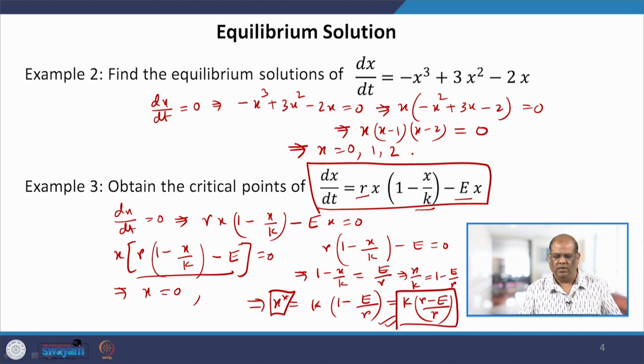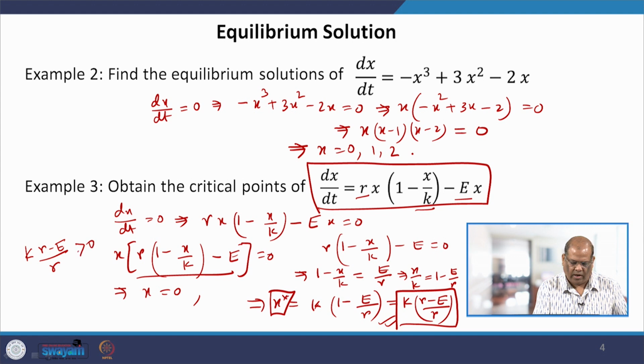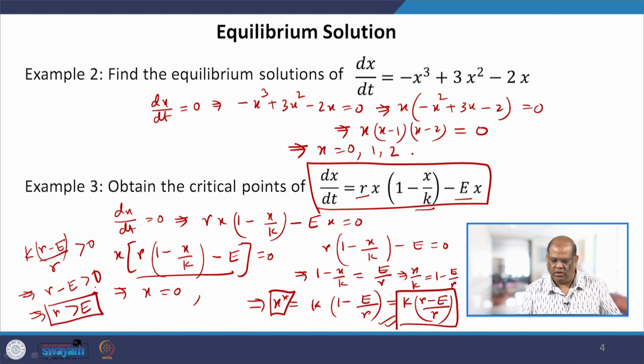If such is the case, where your differential equation represents some cells or some population, then your equilibrium solution has to be positive, and for that you must have k times (R minus E) by R greater than 0, which will imply that R minus E is greater than 0 and R is greater than E. So, this is the condition which you have to mention such that your critical point or equilibrium solution is positive.